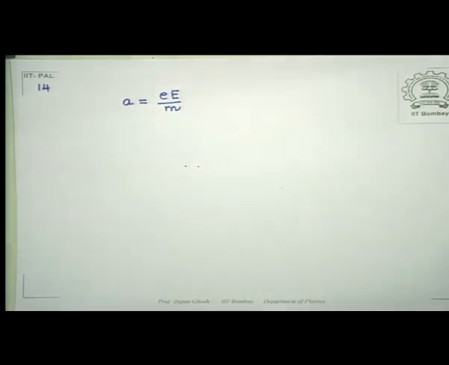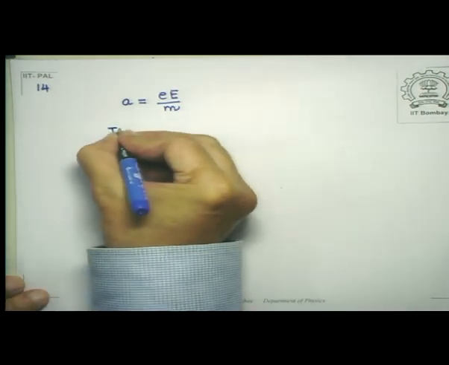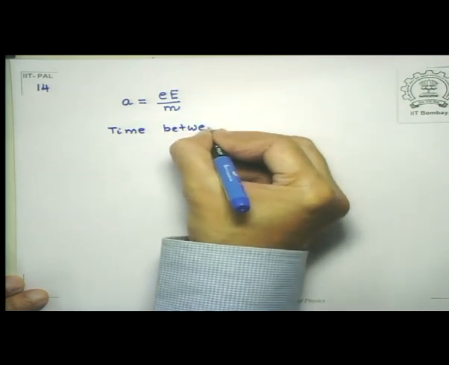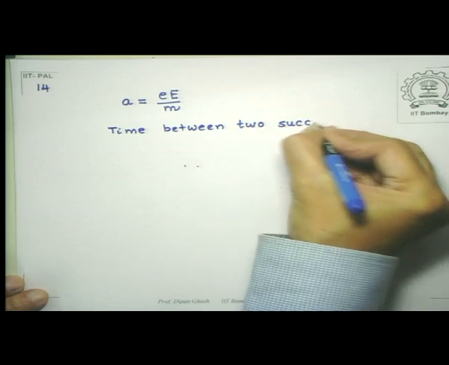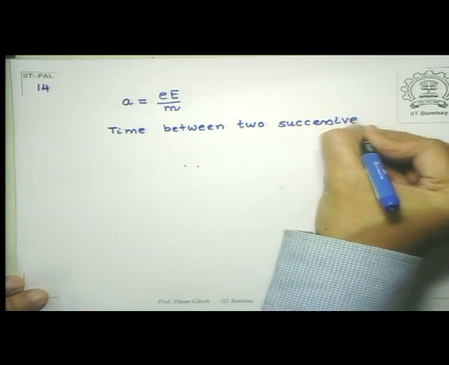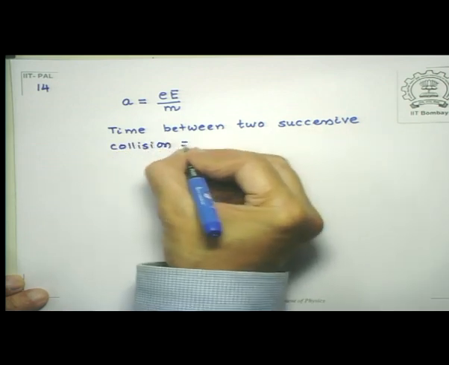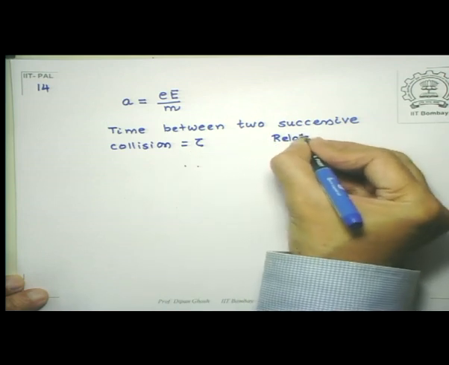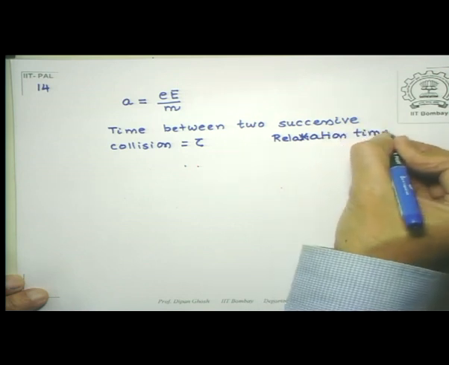Now let us suppose the time between two successive collisions is tau. This is also known as relaxation time, because that is where the electron is relaxing after a collision.